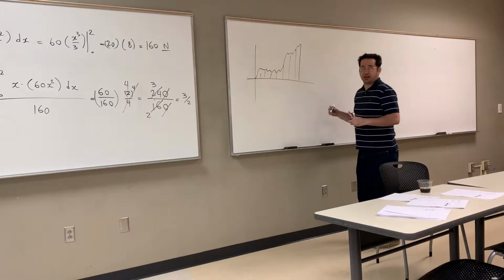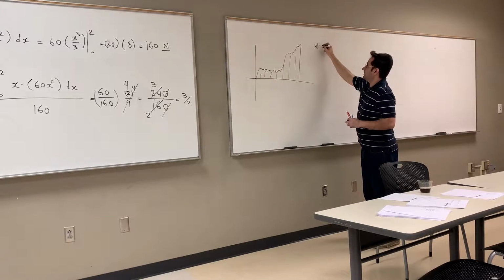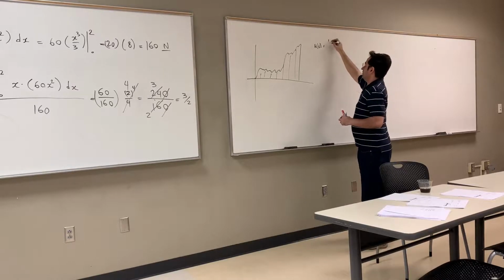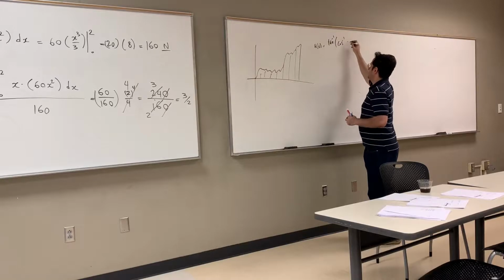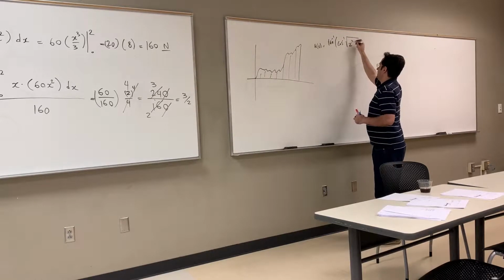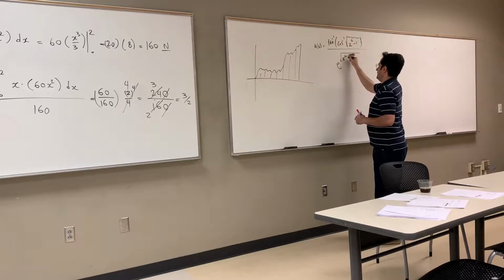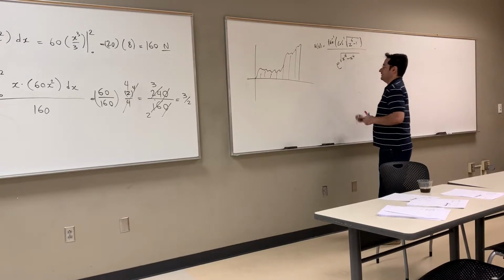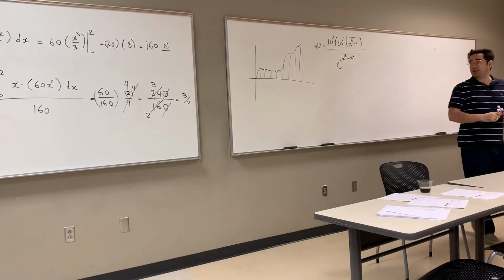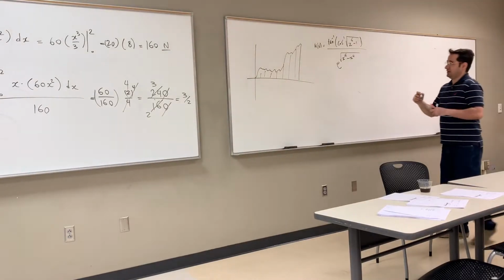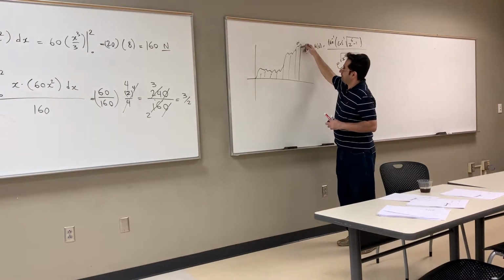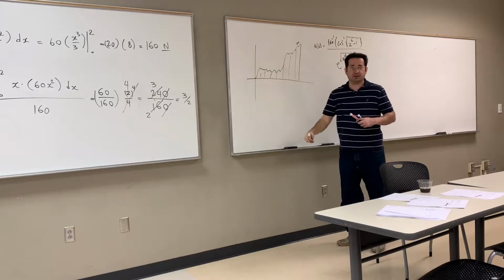And the equation for that, omega x, is something like r tangent r cosine square root of x to the 6 minus 1, divided by e to the square root of x to the 16 minus x to the 4. Let's say I give this to you, and this is omega, a distributed force. As you can see, this is very complicated.